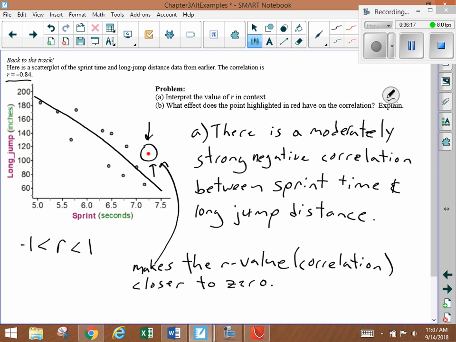Meaning that it's going to decrease your correlation, but it's going to increase that actual number, the actual R number. Yes, it will be higher, which means that there will be less correlation, considering we started off with a negative number.